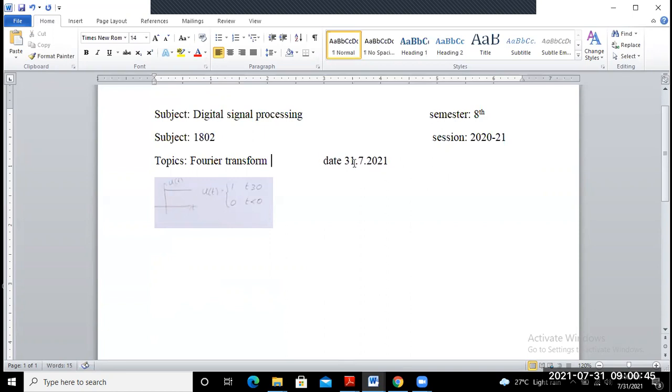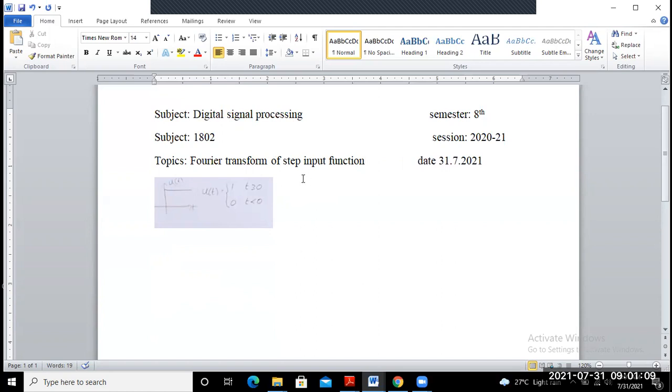Fourier transform of a step input function.